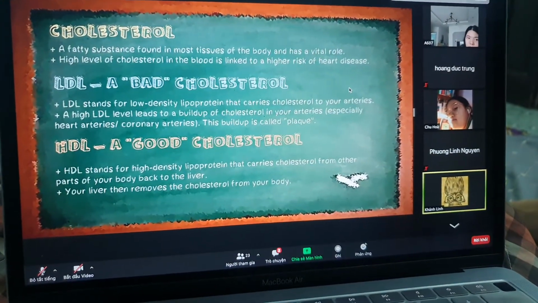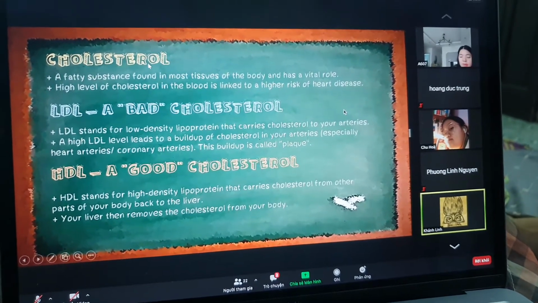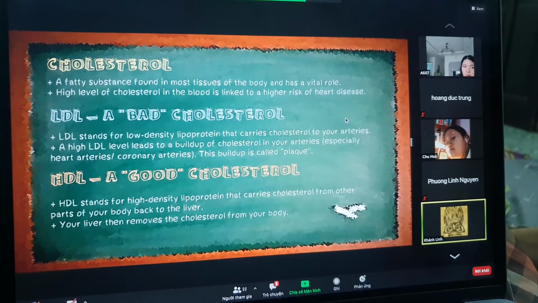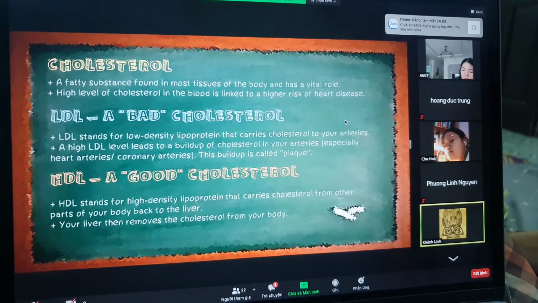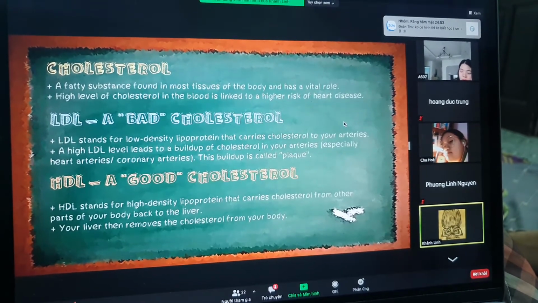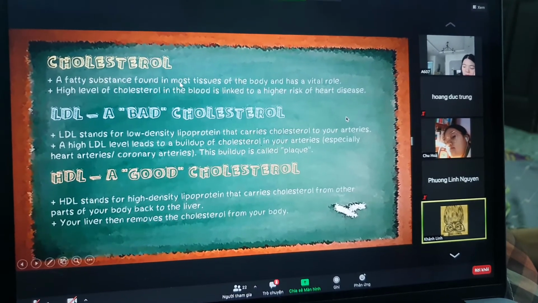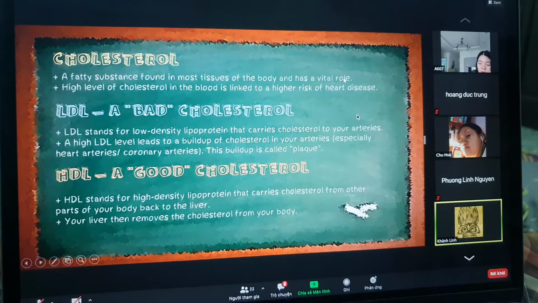And now we will come to the phrase that I think you will see: cholesterol. We have learned it in biochemistry, and we see it on TV. It's very familiar for us. Cholesterol is a fatty substance found in most tissues of the body, and it has a vital role.